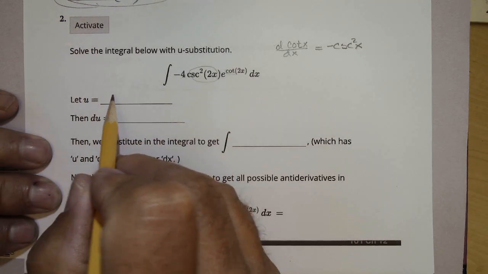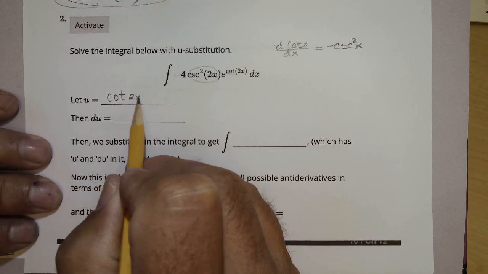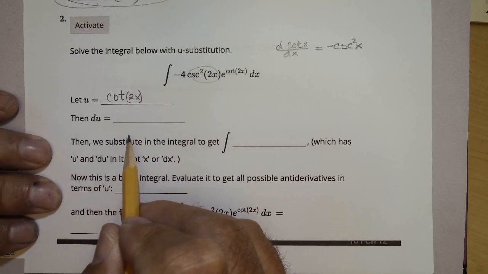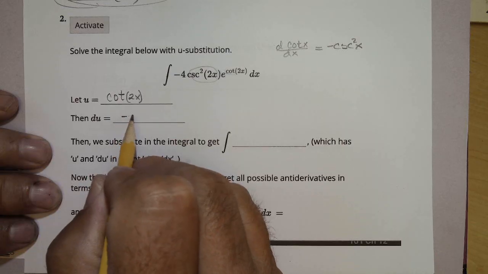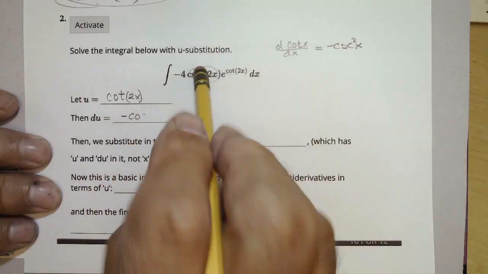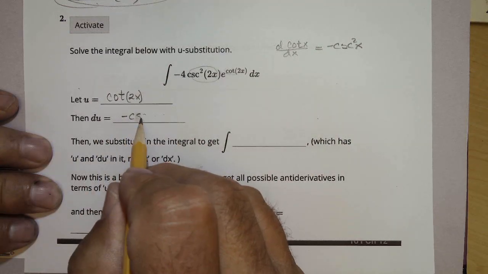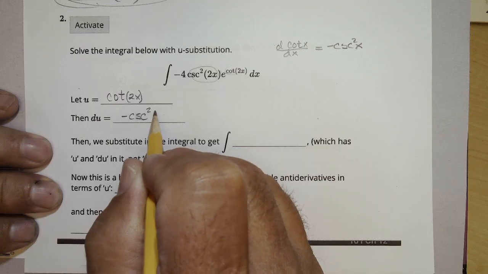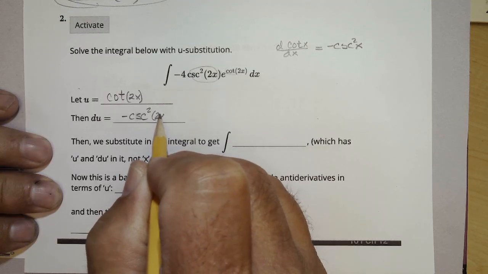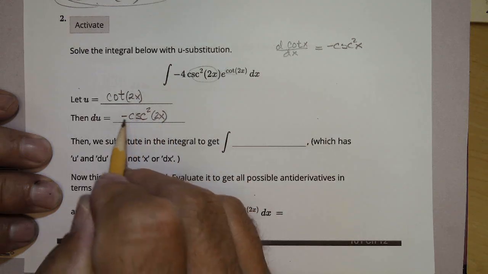So I'm going to let u be the cotangent of 2x. Then du would be the derivative of that, which is negative cosecant squared of 2x times the derivative of the inside, which would be a 2.